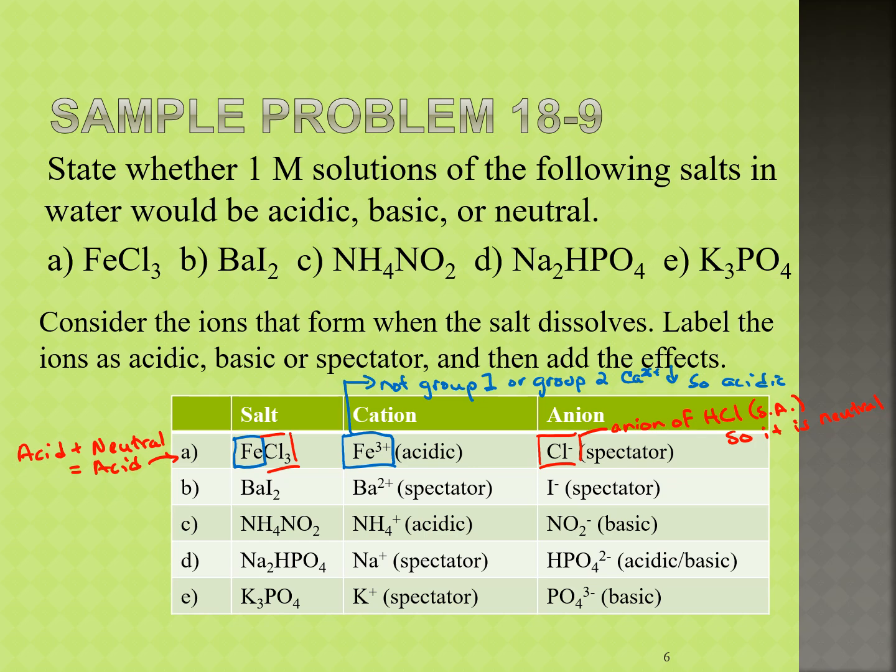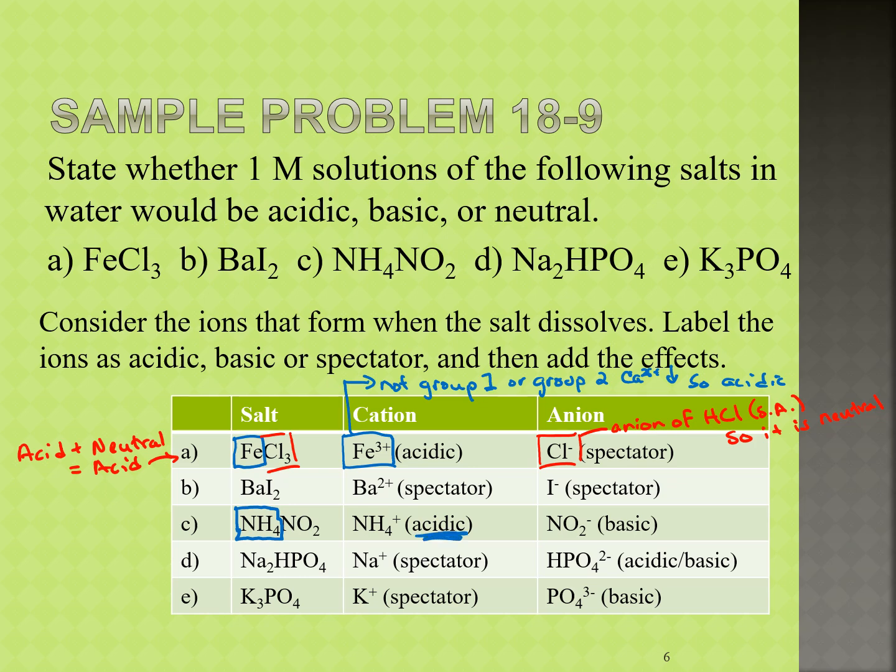All right, now let's go down to say something like C. All right, so again, for C, the cation part is the NH4 plus, right? That is going to be the ammonium cation. That is not in group 1. It is not group 2, calcium or below, so it's got to be acidic.